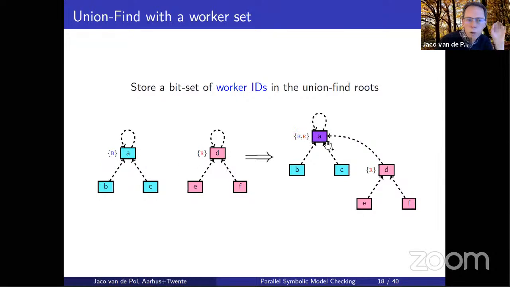So now in one go, we know that we have this whole component, and that the blue and the red worker have been working on this component. So this information is shared in a very efficient way, basically in constant time, because we had the finds, of course, but then by setting this pointer and taking the union of these two words, we have here the information that blue and red were working in this component.